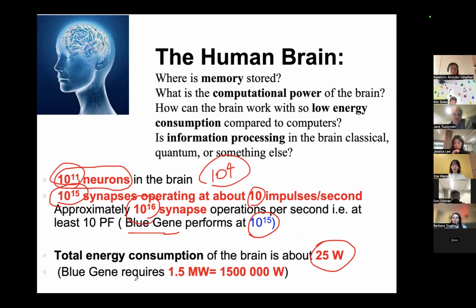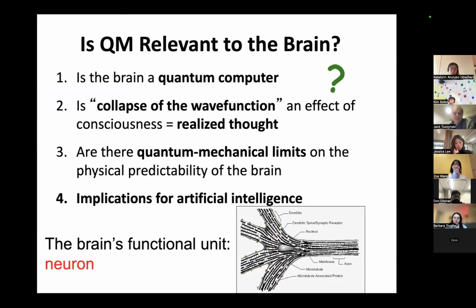Compare that to the Blue Gene, which requires 1.5 megawatts of power, roughly 100,000 times more, and does 10 times less. So it's a factor of, let's say, 1 million in orders of magnitude between the brain and the best supercomputer. The gap may be shrinking, but we are still far apart.